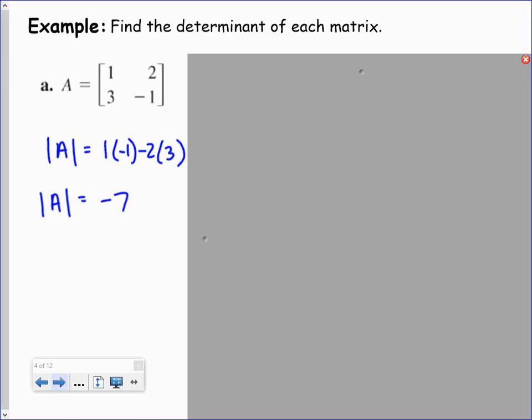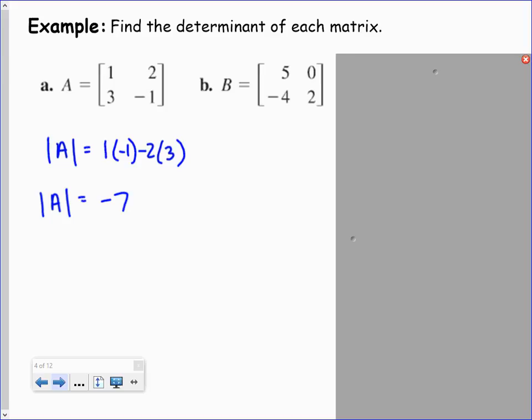It's -1 minus 6. Notice that I switched my notation from the previous slide. Now I'm using that thing that looks like the absolute value, but I would read that as the determinant of A is -7. Please calculate the determinant of B.